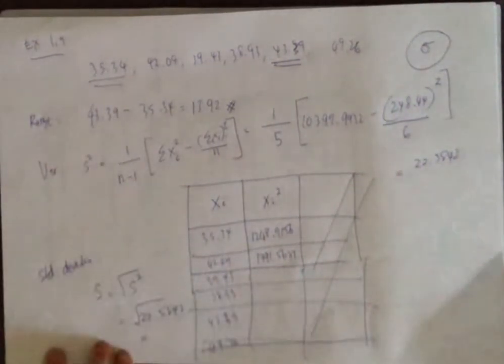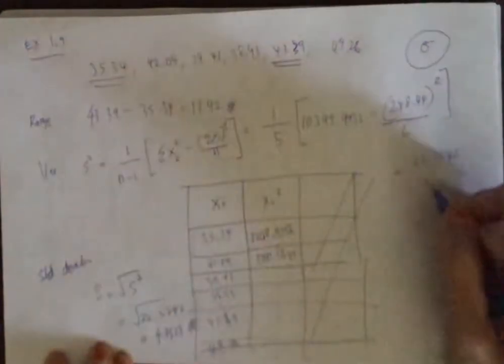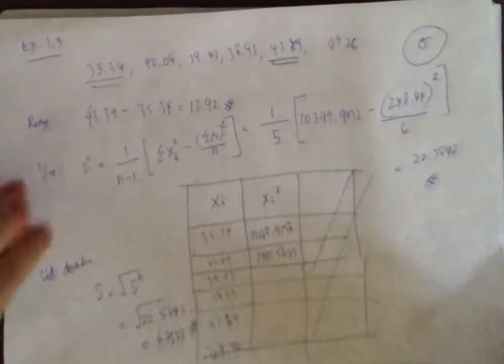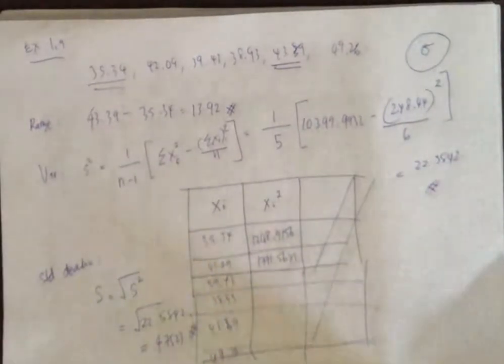The answer you should get here is 4.7523. Okay, class? So if your variance is wrong, it will affect your standard deviation. So make sure you calculate carefully.